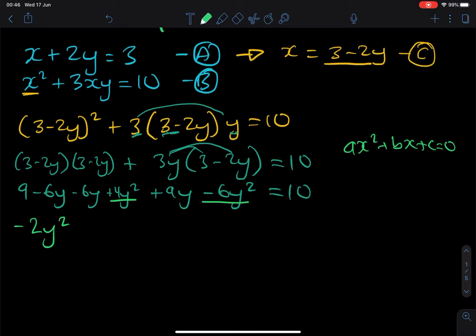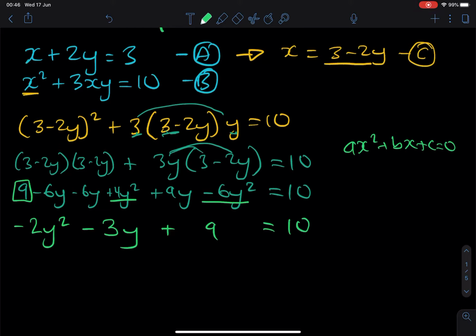Let me now do minus 6y plus 9y. So minus 6 minus 6 is minus 12. Minus 12 plus 9 is minus 3y. And I've got this positive 9 left over is equal to 10.